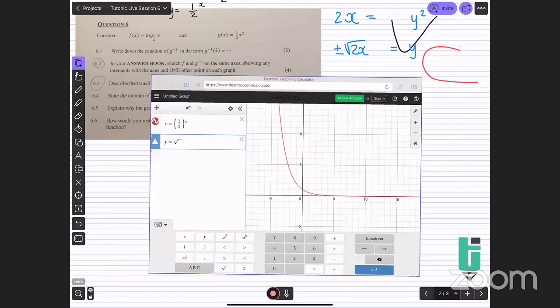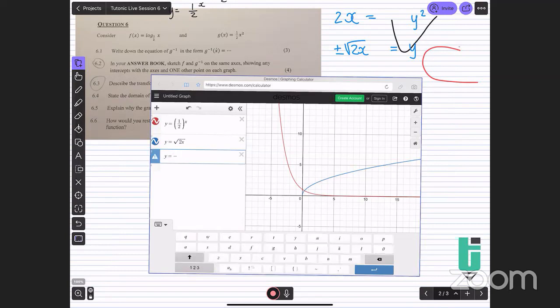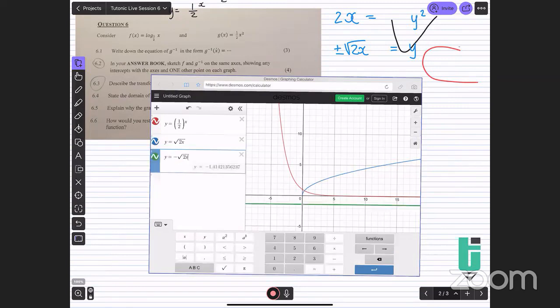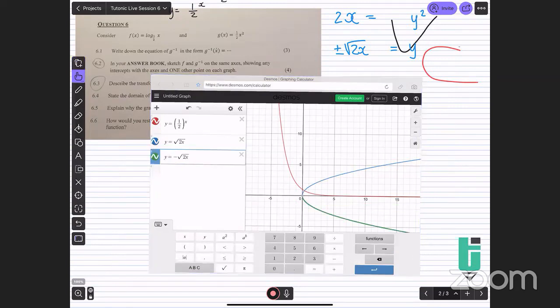So 2x. Do you see that's like half a C? And then you have another one: y equals minus the square root of 2x. There's the C. Do you guys see the C? Yeah.